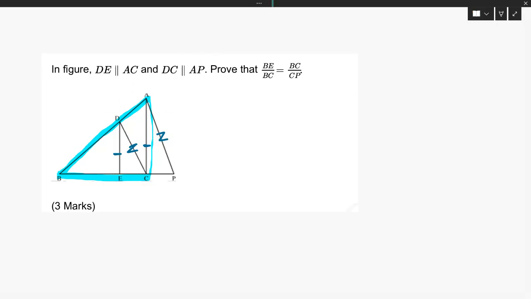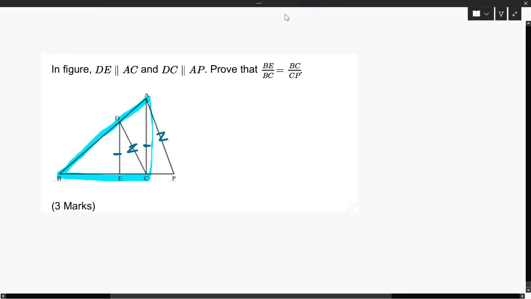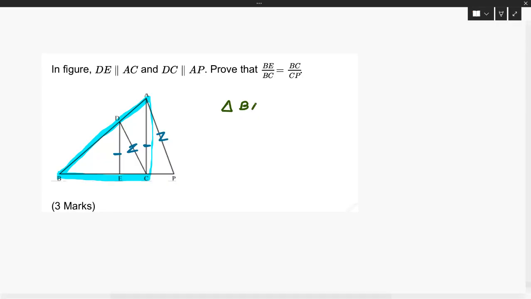And there is another bigger triangle, BPA, wherein DC is parallel to AP. Okay, let us talk about the triangle which I have marked here. In triangle BAC, DE is parallel to AC. Can you see DE?